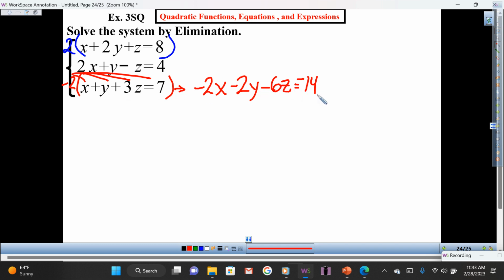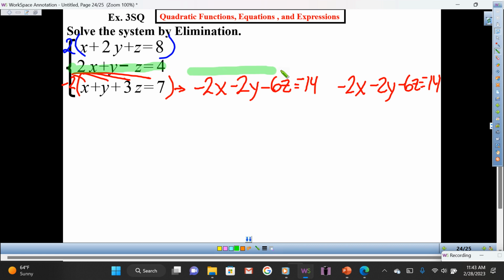Yes. Let's write it again. Negative 2x, negative 2y, negative 6z equals negative 14. Why twice? Because now we need to write this one right here and the blue one over here.